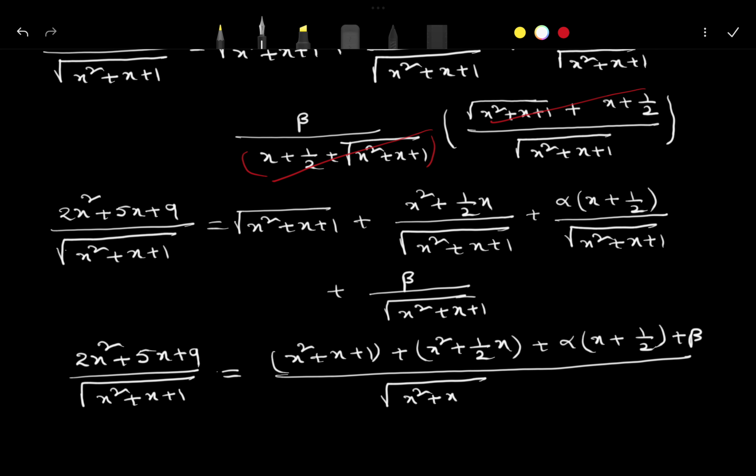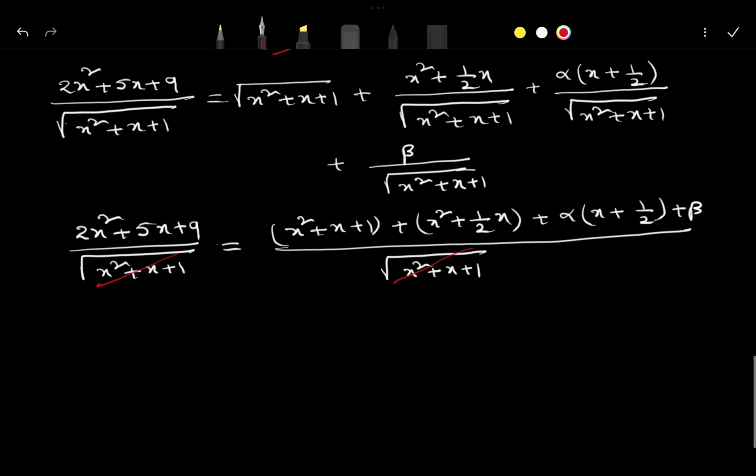So now you see both sides' denominators will cancel. What is the remaining value?